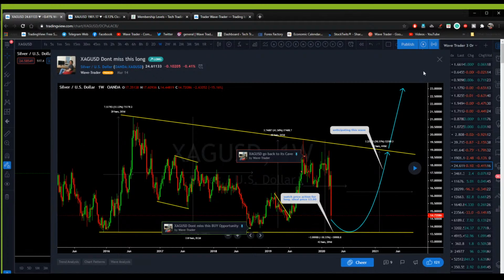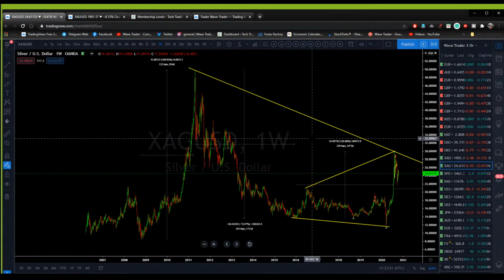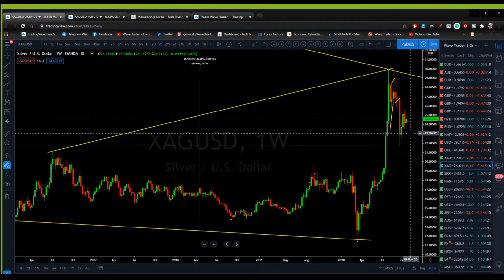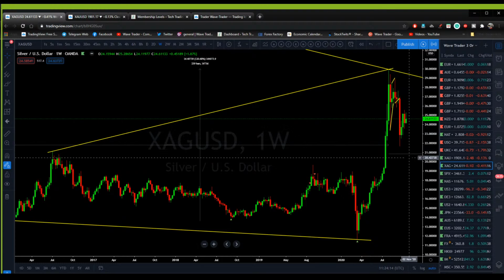I'm going to remind you again, if you're a silver buyer, some banks are saying that silver is a good buy at 24 up to 30, right? But it's not a good buy. The election result can drag it aggressively lower, very, very aggressively lower.